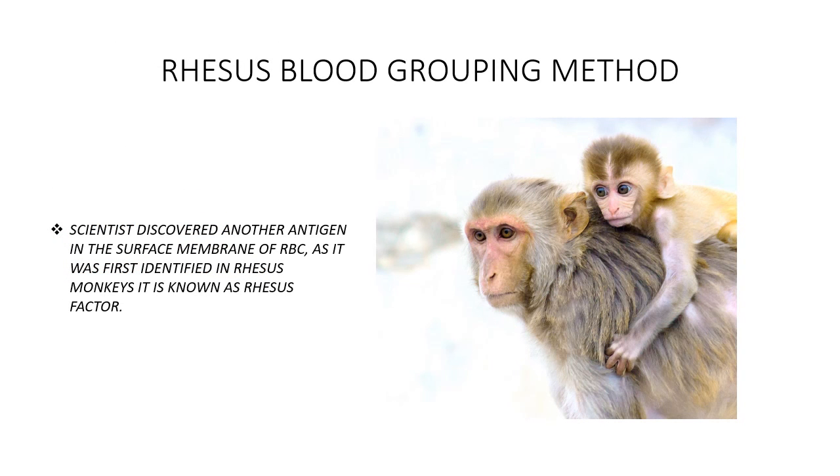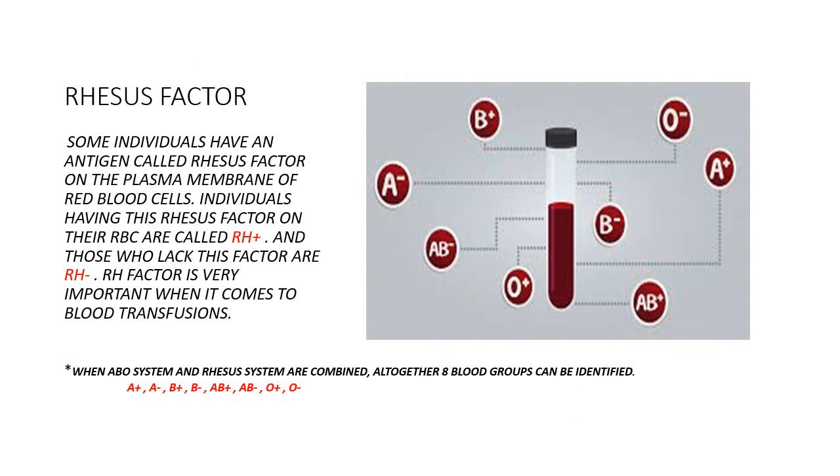Moving on to the next system, rhesus blood grouping method. Scientists discovered another antigen in the surface membrane of red blood cell. As it was first discovered in rhesus monkeys, it is known as rhesus factor.